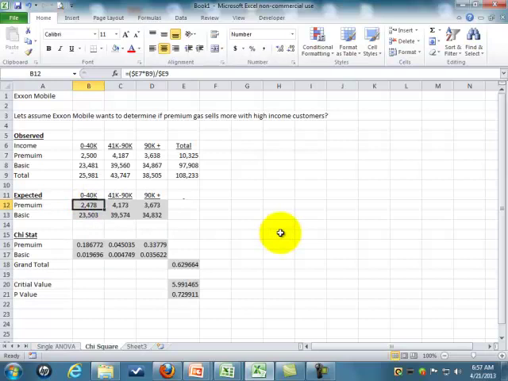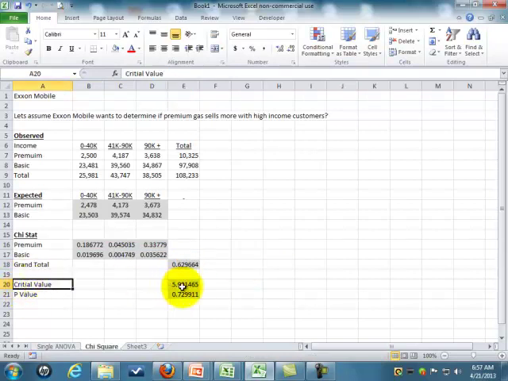So it's the difference between what we actually got minus what we expected, squared, divided by what we expected. And we do that for all those squares. We total it up, totaling all of our individual chi-squares to get basically our chi-squared stat.